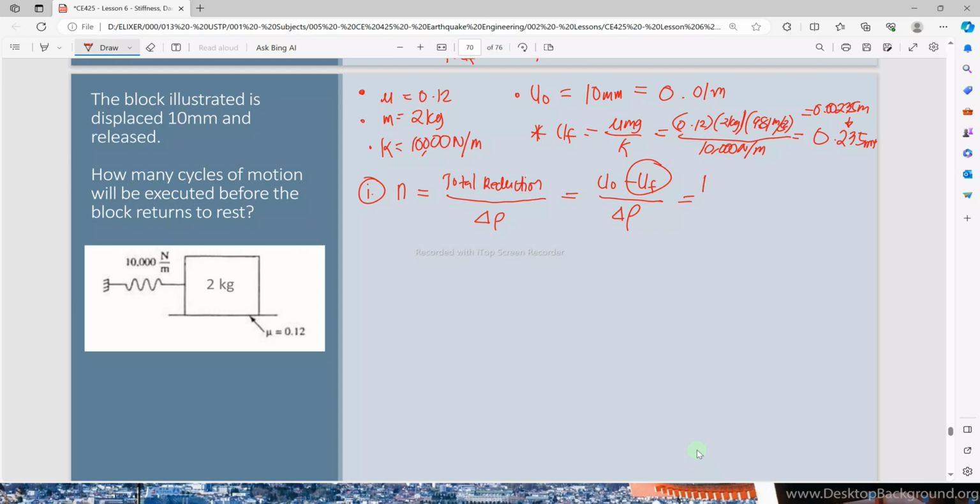So we have 10 millimeters minus 0.235 millimeters over the delta rho, which is 4 mu mg over k. So we have 10 minus 0.235 over 4 times 0.12 times the mass of 2 times 9.81 meters per second squared over 10,000 Newton per meter.